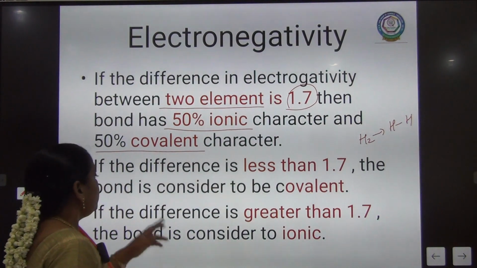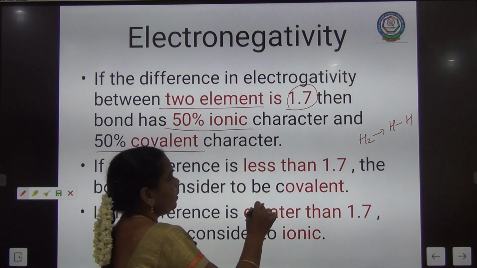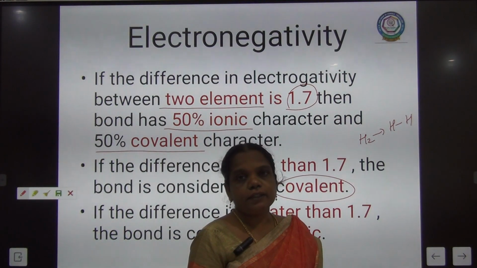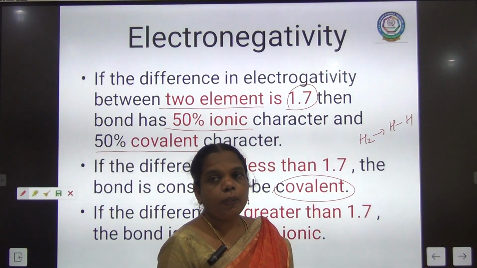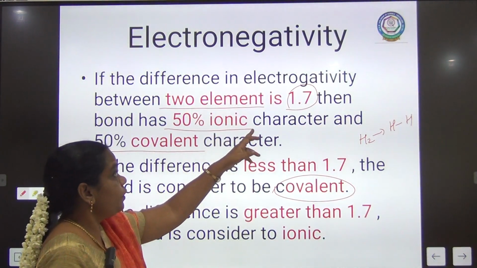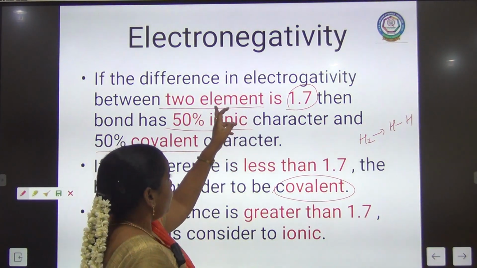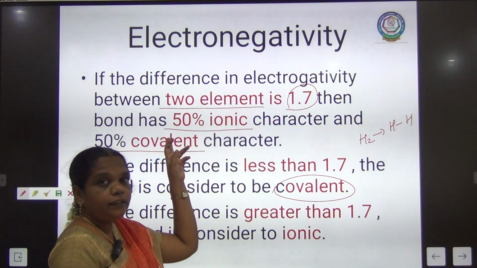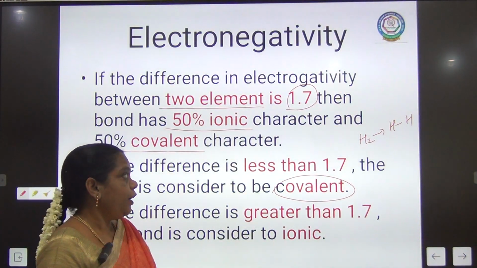If the electronegativity is less than 1.7, the compound shows covalent nature; less than 1.7, they are purely covalent compounds. In the first case, when the difference is 1.7, they show 50% covalent nature as well as 50% ionic nature.